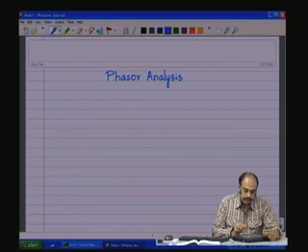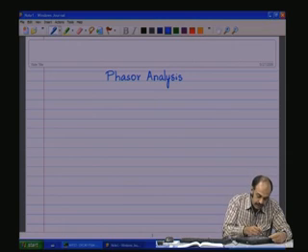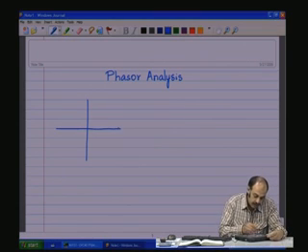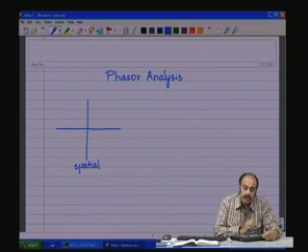So, in the phasor analysis, a sine wave is represented as a space phasor or a space vector. We saw earlier that a sine wave can be represented in space by a vector. So, let me draw two axes. Now, let us say this is a spatial coordinate system.